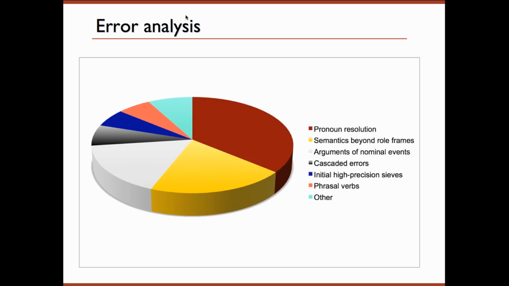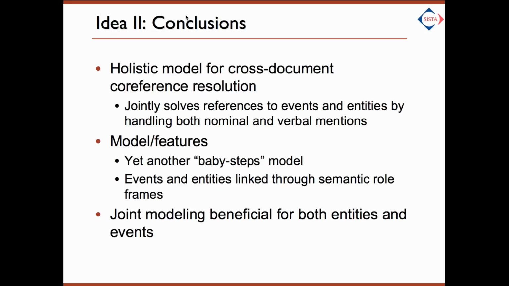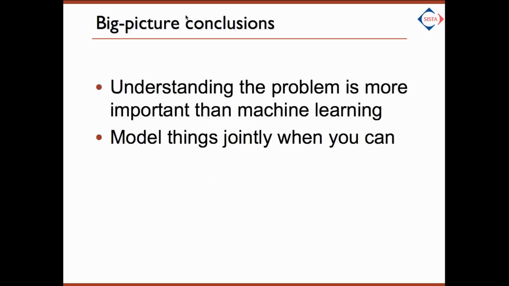Okay, so the second part of this talk was essentially a holistic model for cross-document resolution, and we showed that semantic role labeling is important, and you can still apply the baby steps idea in this context as well. And ultimately, joint modeling is useful. So I have two big picture conclusions. They're kind of obvious, but nevertheless.